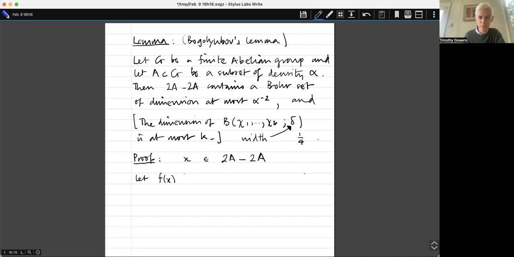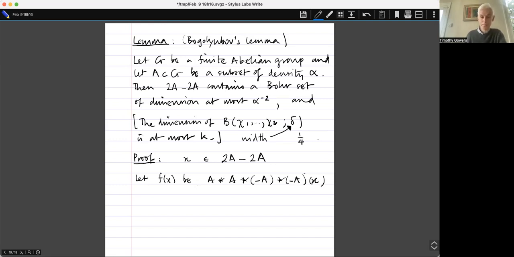So we'll let f of x be the average over a plus b minus c minus d equals x. Sorry, I'm going to write it in a different way. I'm going to say a star a star minus a star minus a of x.